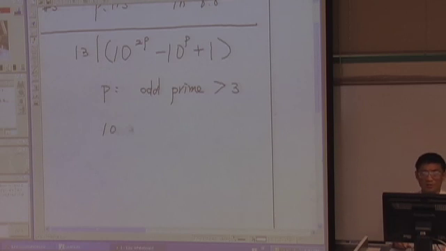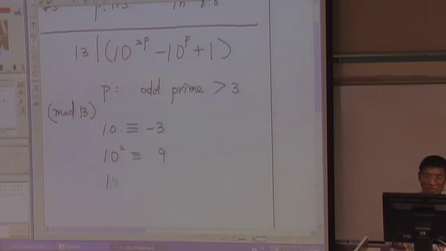So 10 is equal to negative 3 mod 13, right? With mod 13, 10 is congruent to negative 3. 10 squared is congruent to negative 3 multiplied by negative 3, 9.